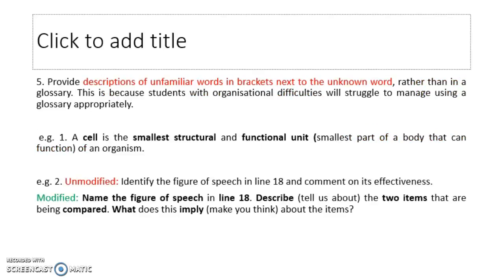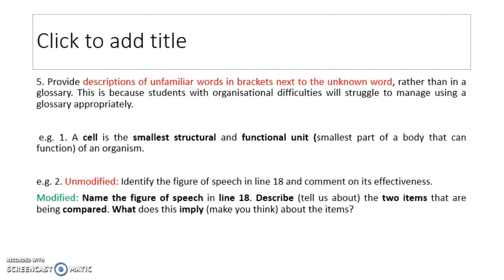Okay, the next thing is, if you are aware that there are unfamiliar words to the student that they might not understand, provide a description for this word in brackets right next to the unknown word.